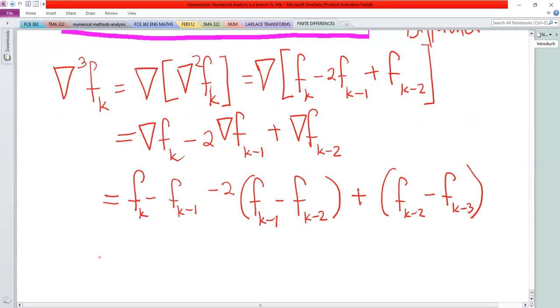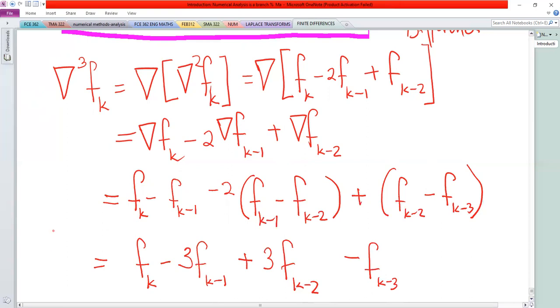So which will give us fk minus, so this will be minus fk minus 1, this minus 2, so it will be minus 3 fk minus 1. This will be plus, so plus 3 fk minus 2, and then minus fk minus 3.